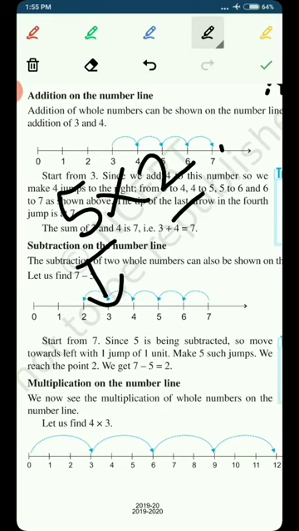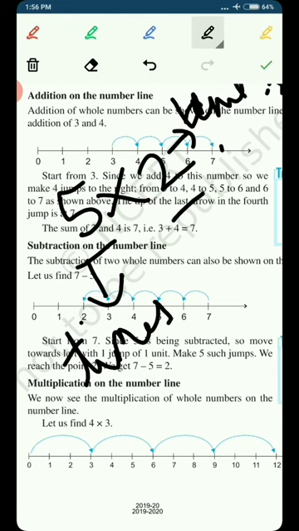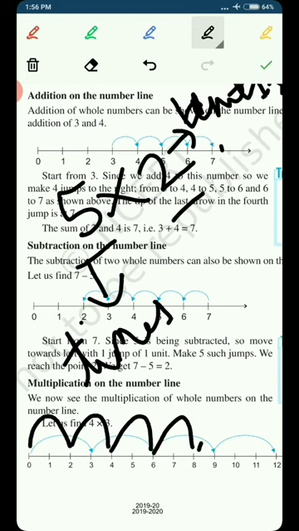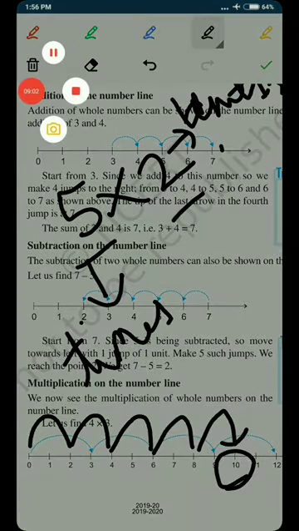We will jump 5 times, and the distance will be 2 units. 2 units distance, and 5 times we will jump starting from 0. One jump of 2 units, second jump of 2 units, third jump of 2 units, fourth jump of 2 units, and here the fifth jump of 2 units, and we reached at 10. That is how we do multiplication on the number line.